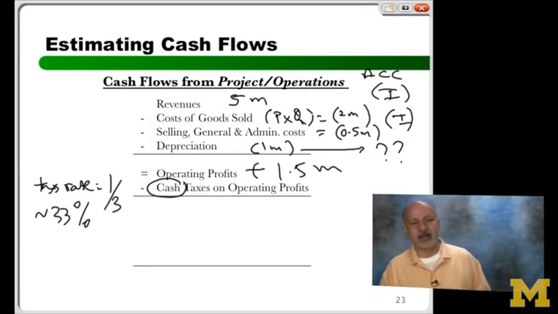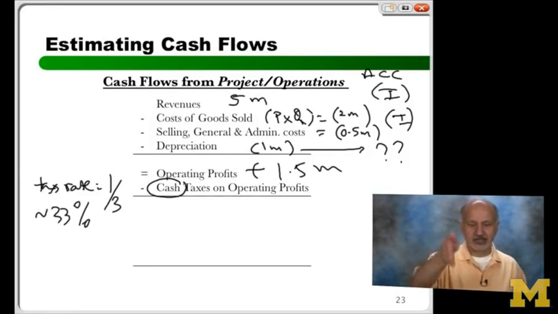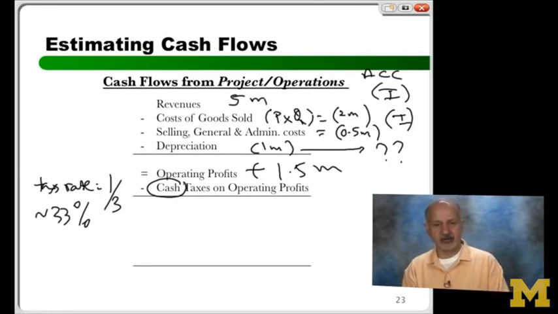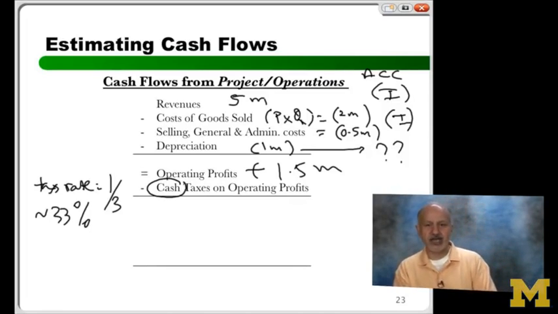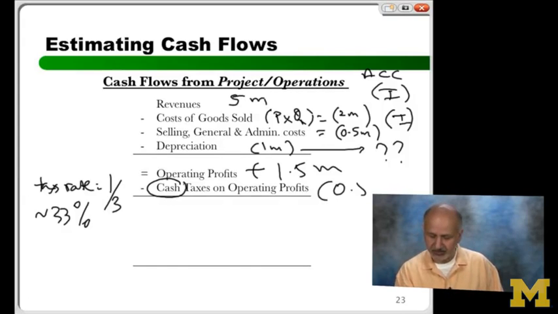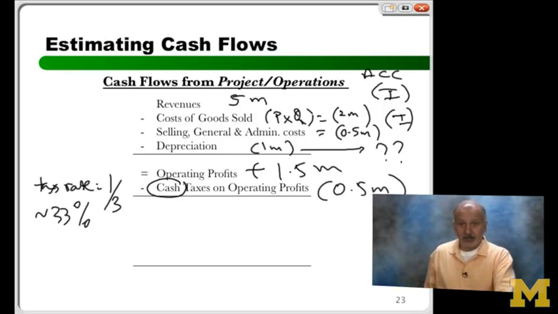But you have to recognize that's another reason why you need to dig down and figure out your accounting systems, because tax rates may or may not be the same. Okay? So now look, if the tax is 1/3, how much taxes do I pay? Divide 1.5 by three. I pay tax of 0.5 million. And it's a negative number.